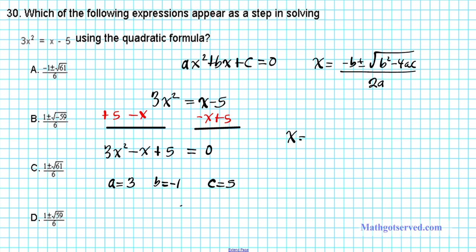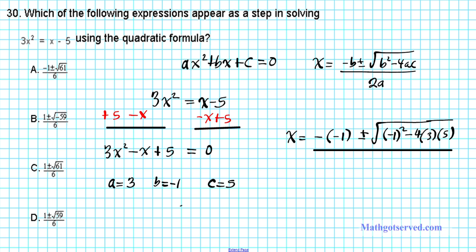So we have x equals -b, which is minus (-1). You have to be really careful with the sign. Okay, don't lose it. Plus or minus the square root of b squared, which is (-1) squared, minus 4 times a, which is 3, times c, which is positive 5. All right, and then that's divided by 2a. a is 3, right?